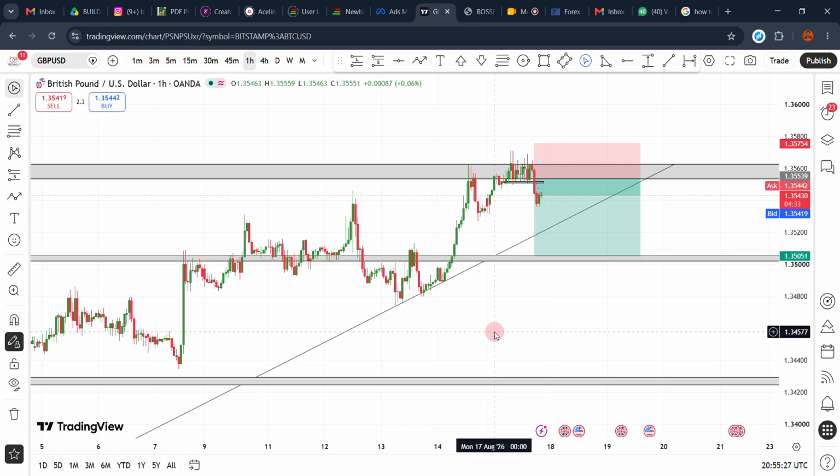So top-down analysis is very, very important. When you do your analysis on the higher time frame, you scale to the lower time frame, take your trades, take your entry, and wait for the results. Most times when you do your analysis right, you get to win 6 to 7 out of 10 times. So when you win 6 to 7 out of 10 times, you are good.